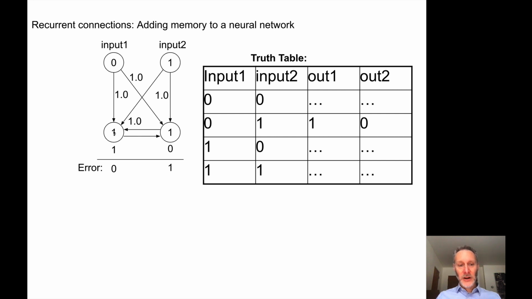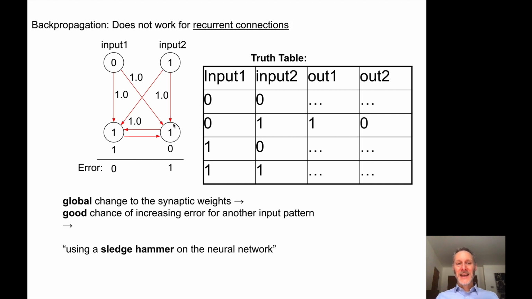But if we do, we're going to backpropagate along here, change this synapse, and backpropagate along here, which means we're back to here. And it's a mess. We can't really localize where the error originated at this neuron. We've had to go back along every single synapse looking for errors and trying to change everything.